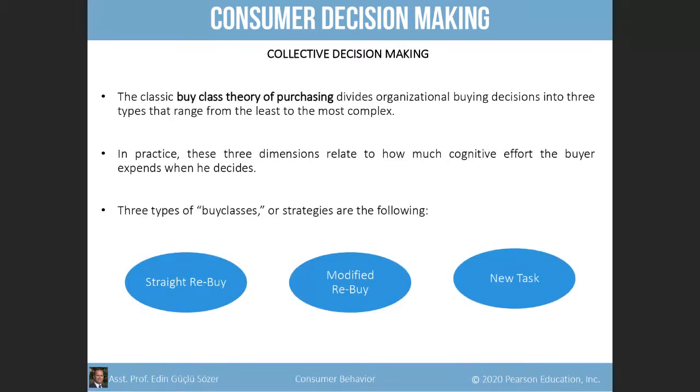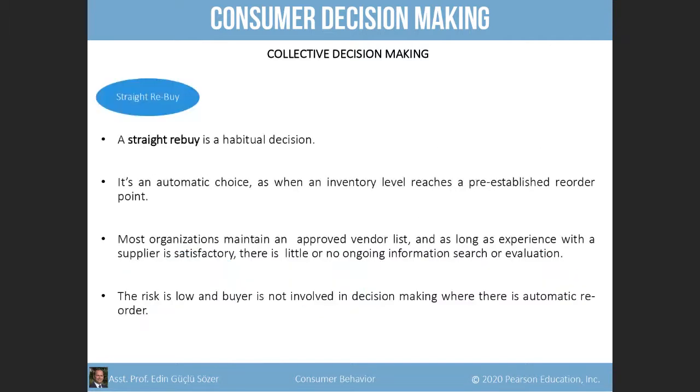So what types of purchasing decisions do companies follow? There are three types: the straight rebuy, the modified rebuy, and the new task. What is the straight rebuy? The straight rebuy actually is a habitual decision. Once I have a product which is already bought and used by the company, and everybody is happy about this product, we buy again without changing the vendor, supplier, or the type of the product.